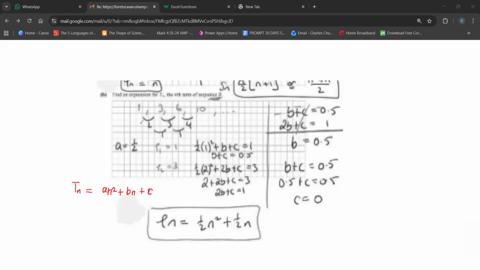It's 1 over 2 of the real common difference over the first difference. Hold on, let me get that right. Okay.